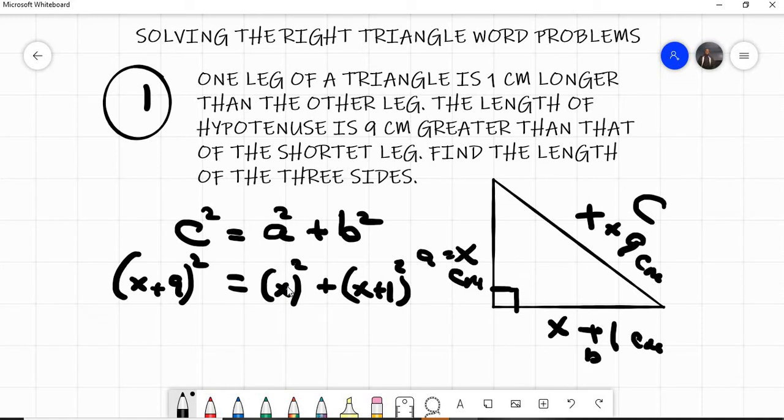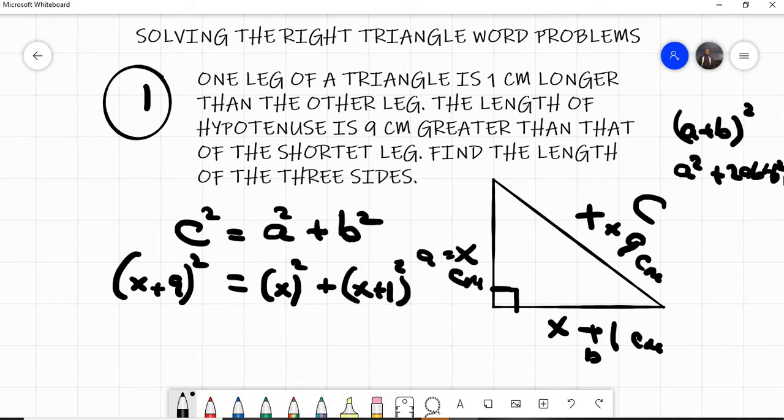Here we need to remember how to expand a plus b squared. As we know, it's gonna end up a squared plus 2ab plus b squared.